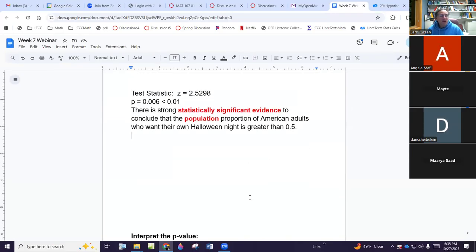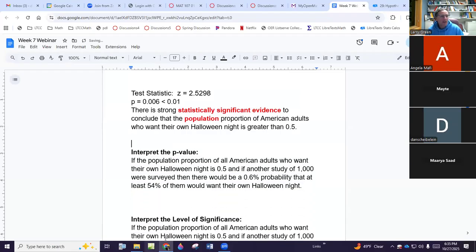Okay, let's interpret the p-value. It's very important. I put this out here so you know the wording that you should use. It won't always be about Halloween, by the way, but you would say, and this is very important, the word if has to be the first word.